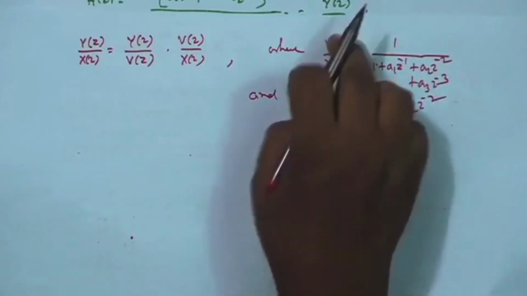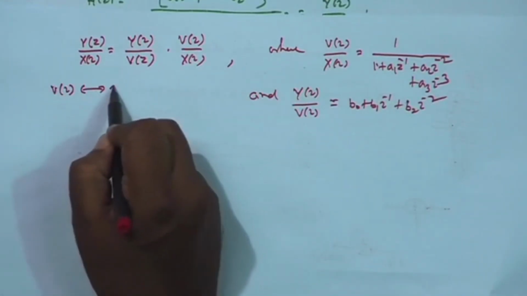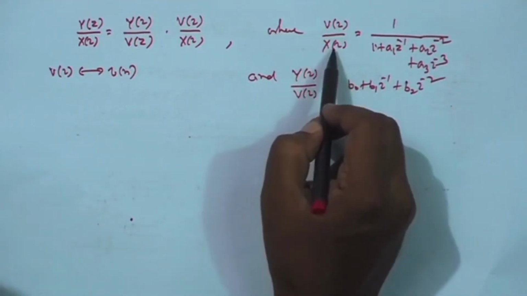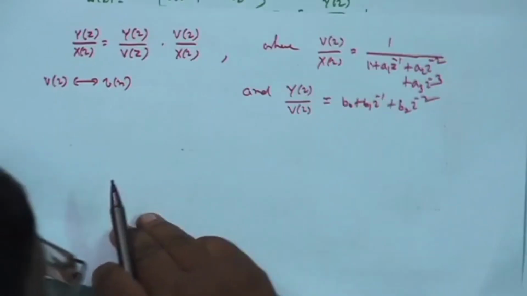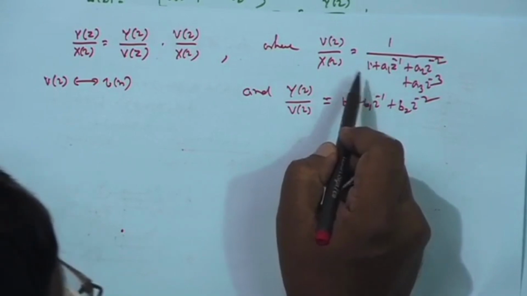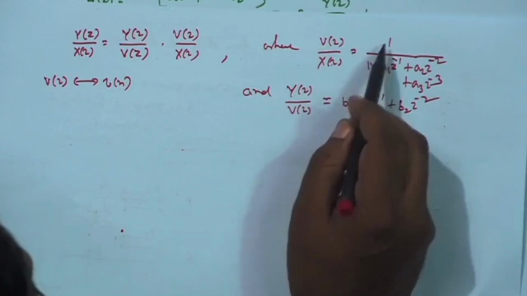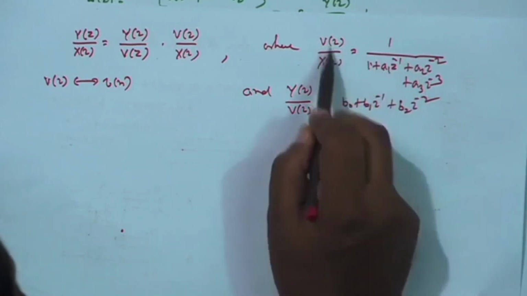So, first generate V(z) by X(z). V(z) in z domain means small v[n] in time domain. Say. So, how to find V(z) by X(z)? V(z) into 1 is equal to X(z) into 1, you take A1 Z inverse V(z) to the right hand side.